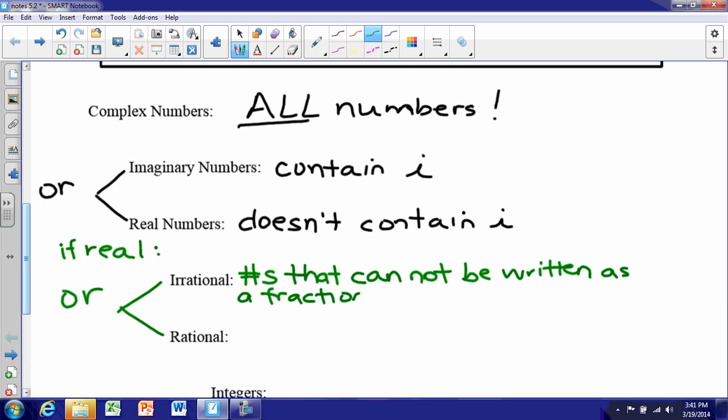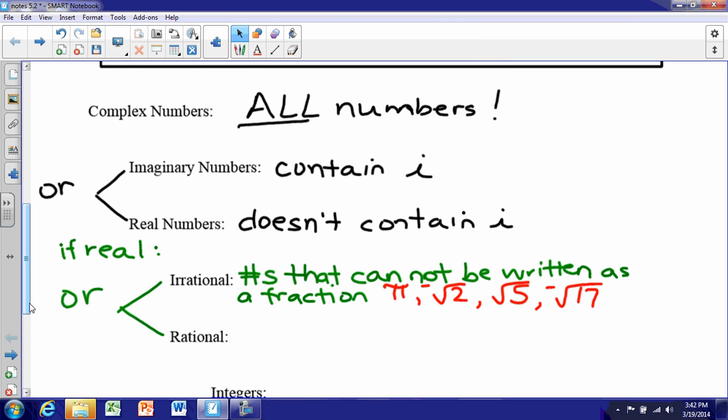Which would include decimals that do not repeat and do not terminate. And those typically contain pi's or square roots of numbers that you cannot break down. Now, it doesn't matter if they're positive or negative, but it contains a pi or square roots that you cannot simplify. Okay? Now, everything else falls under the rational category.